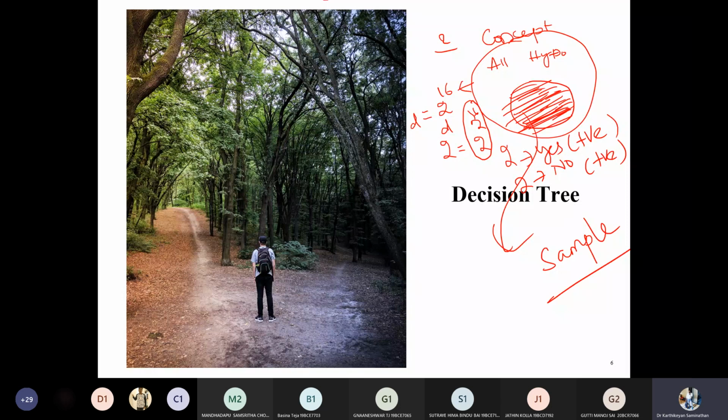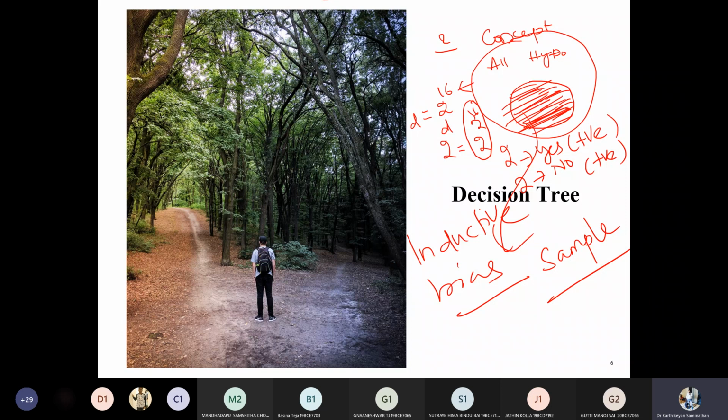For evaluating, for learning a model, we are taking 2 from the yes case and 2 from the no case. This type of selection we call inductive bias. We are taking a few samples from the positive or negative cases, or a few samples from the possible cases, in order to train our model.